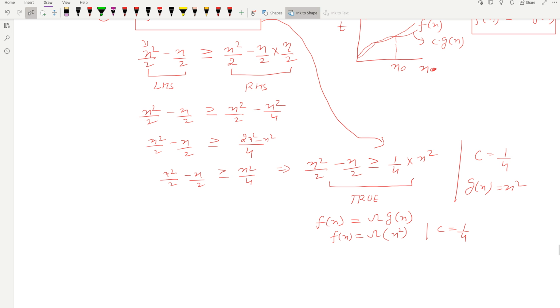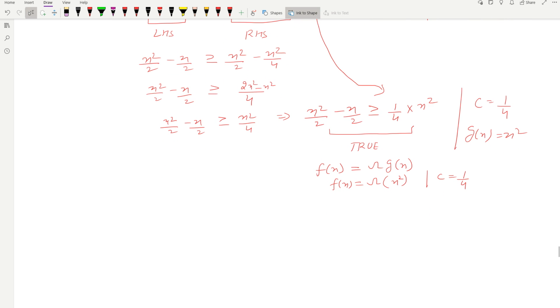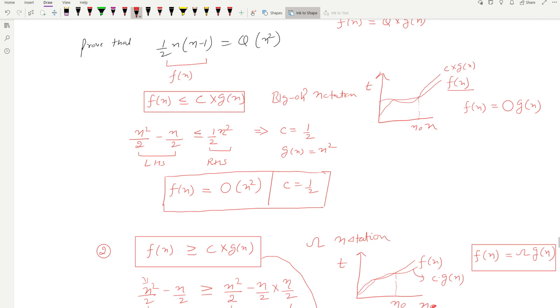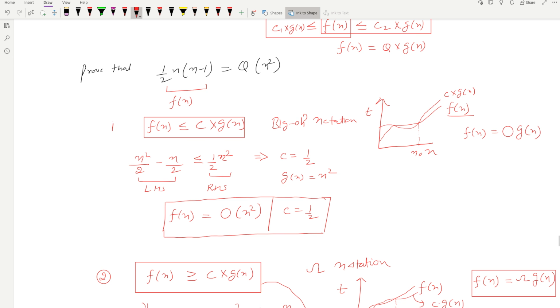So now can we rewrite these particular functions? We have proved two inequalities here. So the first one is this one, and this was the second one.